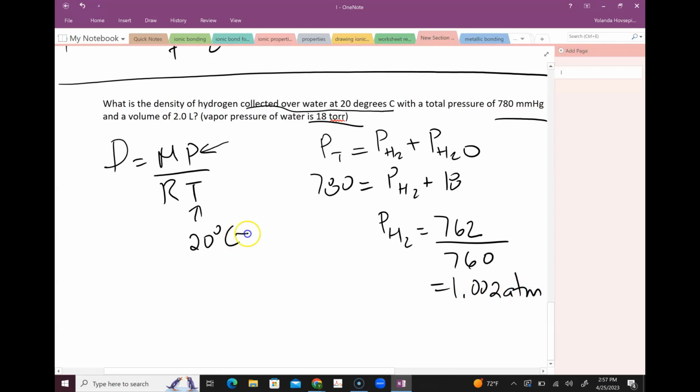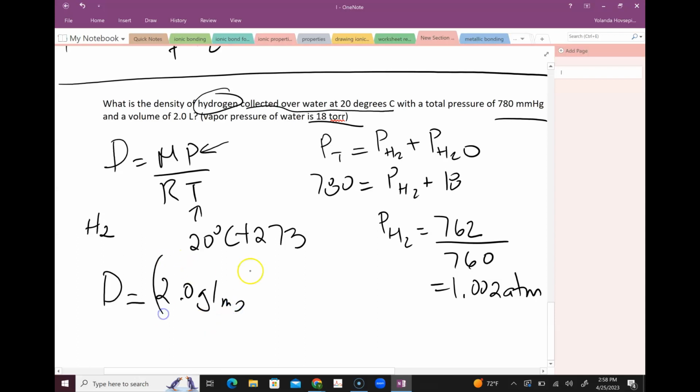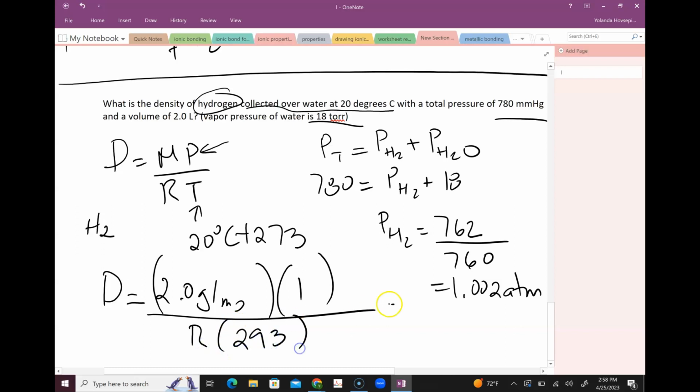So 20, we're going to add 273 to. Density is what I'm looking for. Now, molar mass, it says hydrogen gas, and hydrogen, remember, is a diatomic. So that's 2 grams per mole. And then times 1 divided by R times 293.